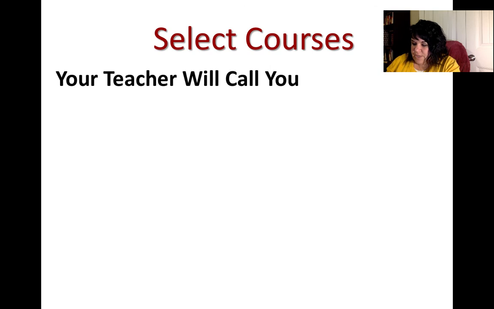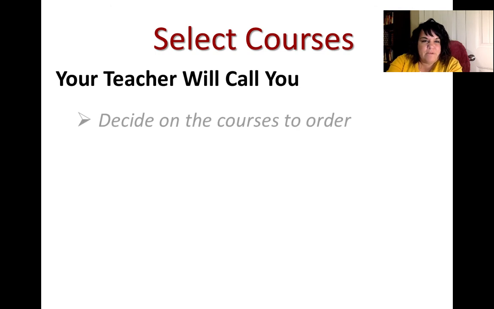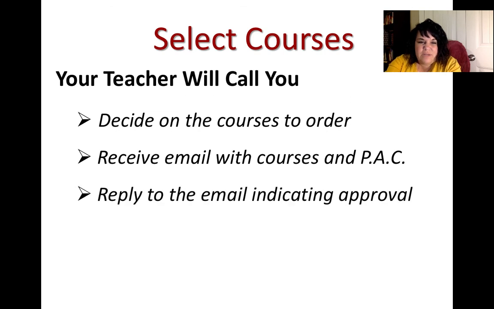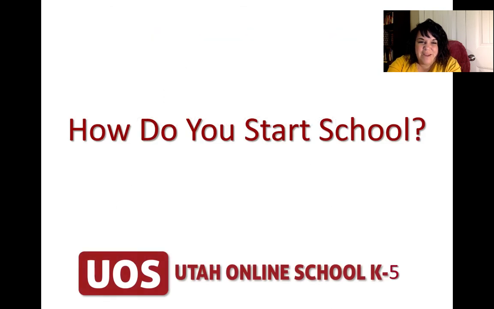Then your teacher will get in touch with you, and you will then select courses with your teacher. She will call you, like I said, and decide on courses to order. You will receive an email from her with the courses that you've discussed, as well as a statement that you commit to PAC. You need to reply to the email indicating your approval, and then you're done. She will take it from there.